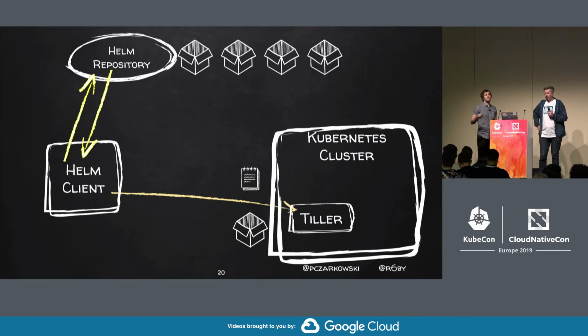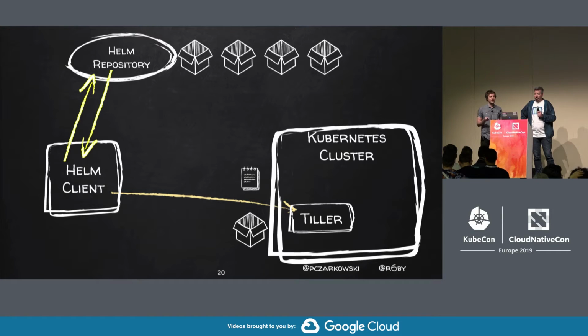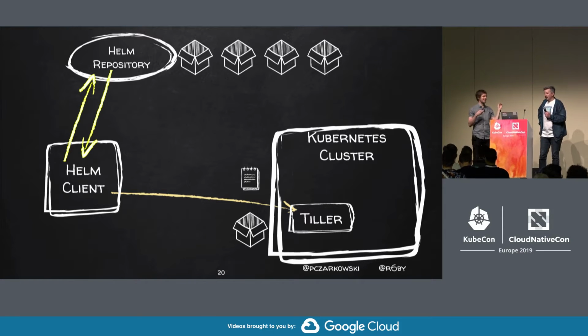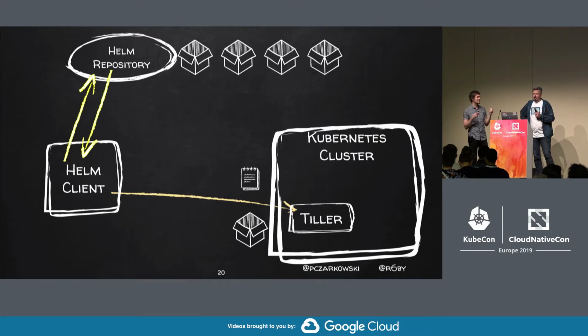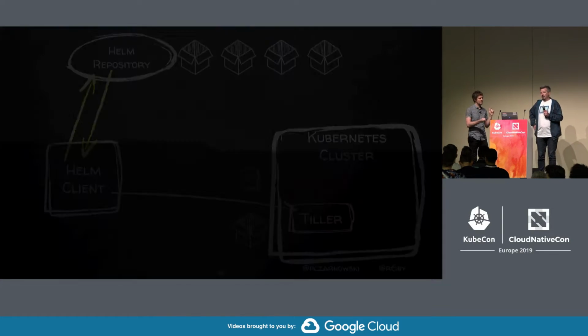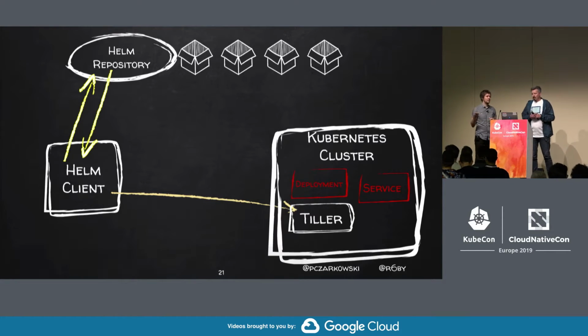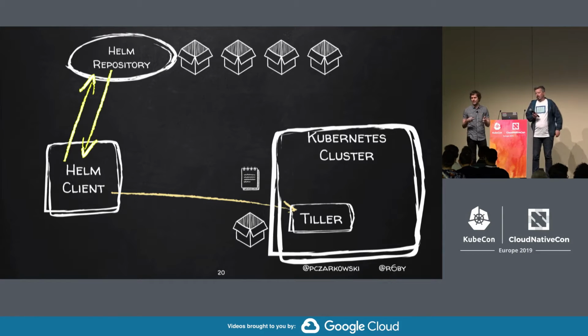The package is unpacked and its default values are going to be used. It renders out the templates, and it passes that information to the Kube API to install or upgrade the application, including any values that you set, any custom value files, or any values you set from the command line.